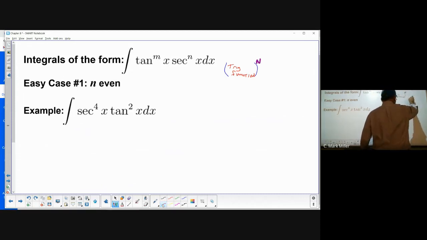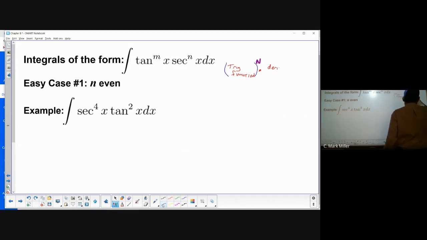Then on the outside, I want the derivative of the same trig function.